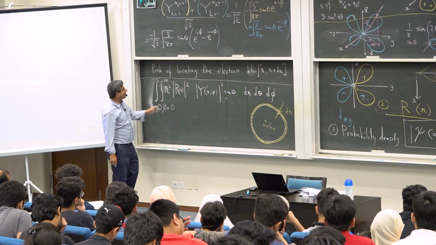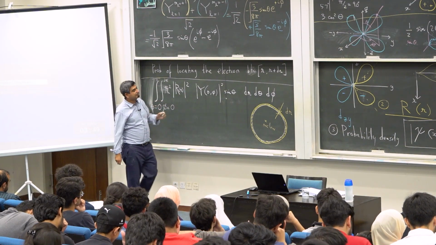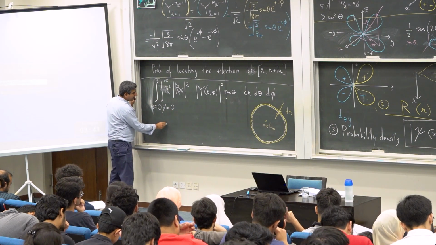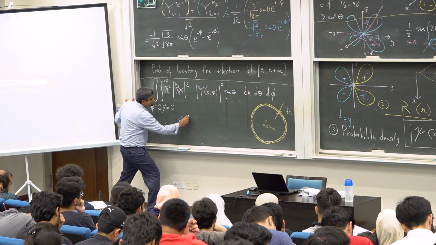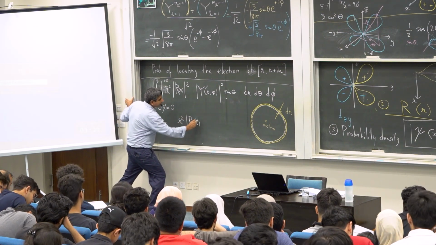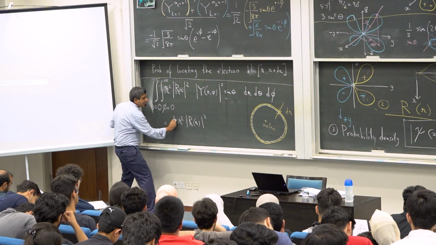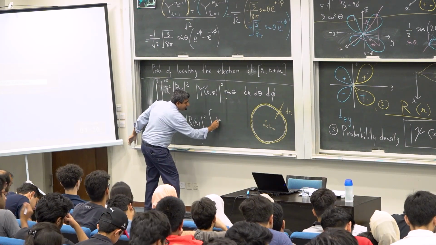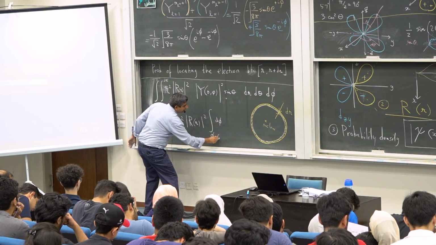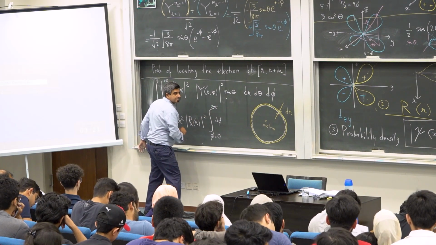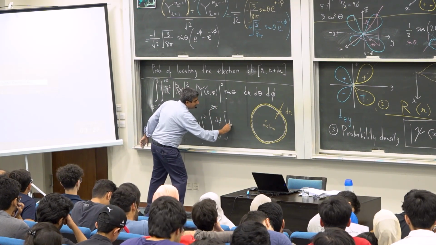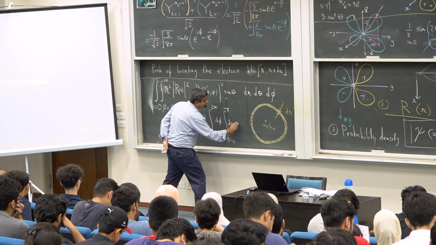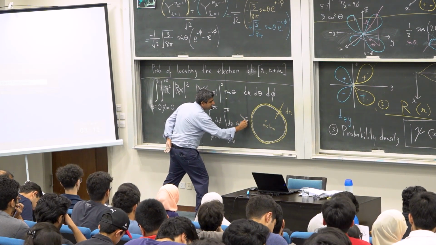As far as the r-dependent terms are concerned, they don't depend upon theta and phi. So I can write this as r squared, modulus of capital R squared, dr, and the integral d phi goes from 0 to 2 pi, integral d theta, theta goes from 0 to pi, and I have sine theta and a Y, which depends upon theta and phi.